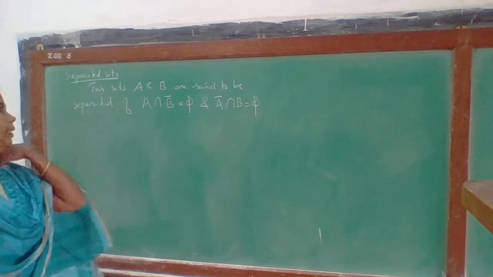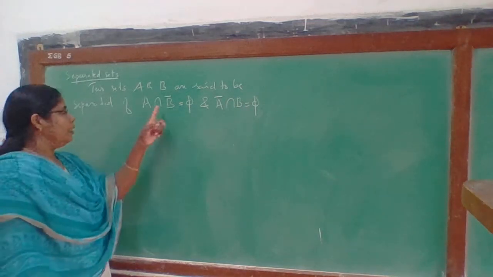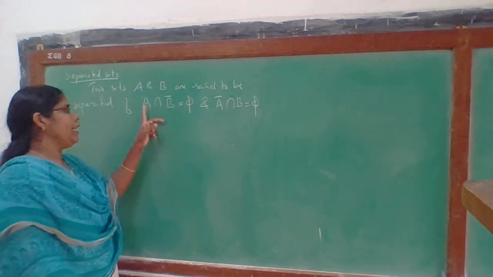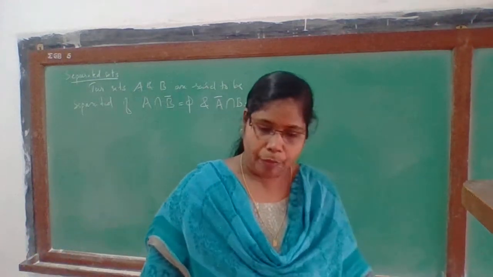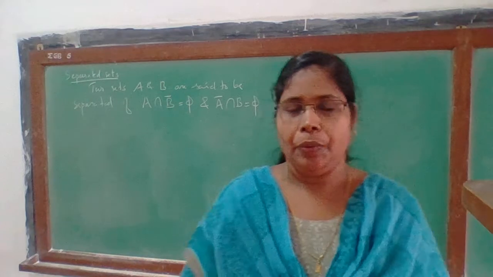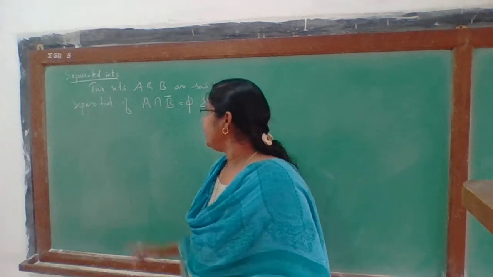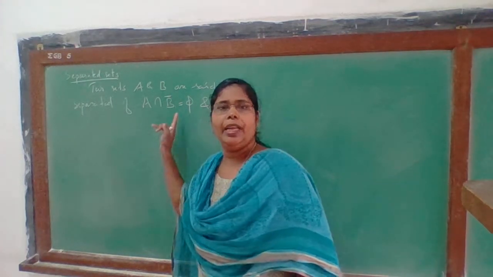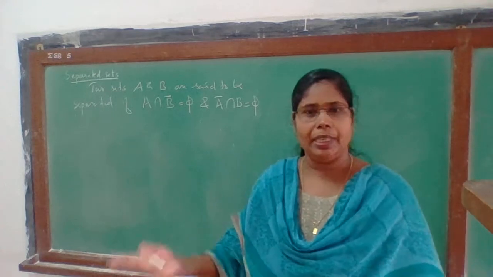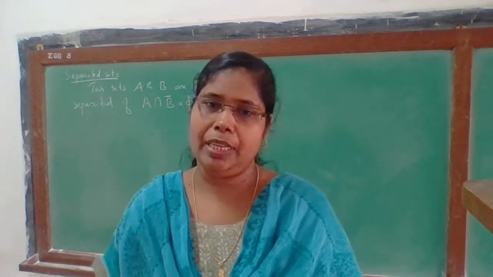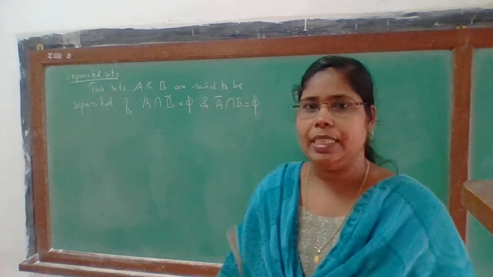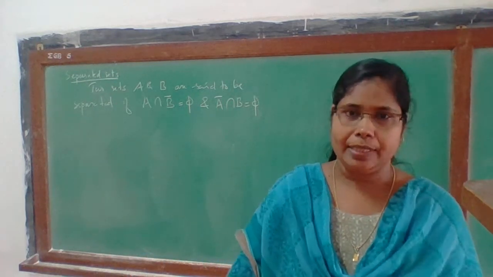That means the closure of B does not contain any point from A and closure of A does not contain any point from B. Or A does not contain any point of B or any limit point of B, and similarly B does not contain any point of A or any limit point of A. Such sets are called separated sets.